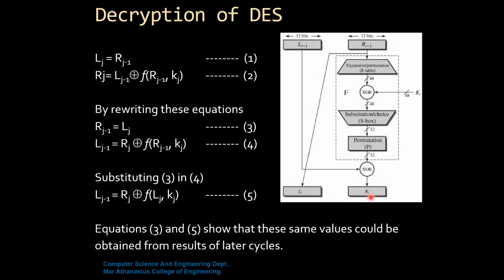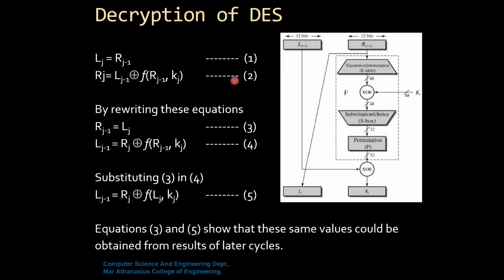Now, if we want to check whether decryption gives us the plain text back, we need to verify whether using Li and Ri as the input to a round, we can get Li-1 and Ri-1. That is, in each round in decryption, we need to check whether we get Li-1 and Ri-1 from Li and Ri. So this is how it happens during decryption.